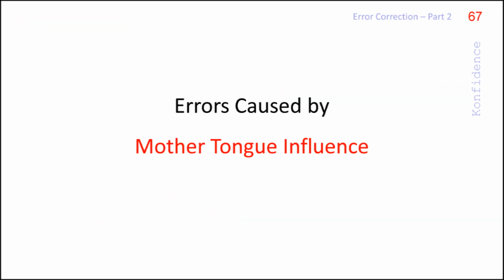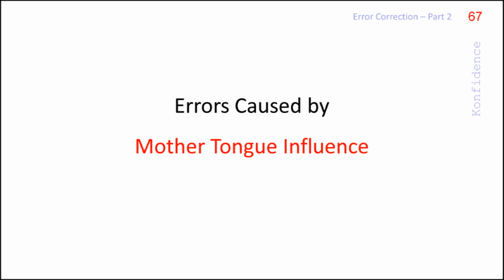Errors caused by the influence of the mother tongue is a big problem faced by the non-native speakers of English. This is because their mother tongue is not English. As long as your mother tongue or the first language you learn is not English, there is every chance of making mistakes when you speak or write English.